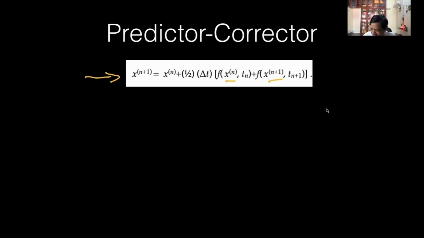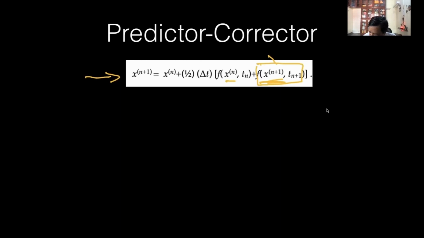Now, the problem is that you can solve this equation, but it is nonlinear, it is a headache to solve. So one idea is to make an estimate of this. I exactly don't know it, but I can make an estimate. And let's use the Euler forward scheme to estimate this.